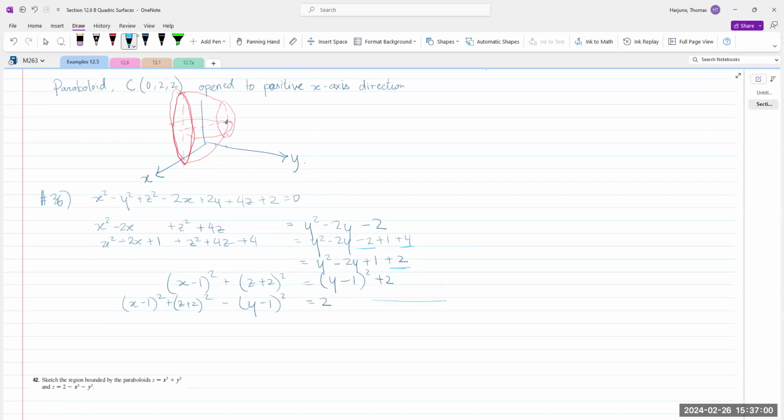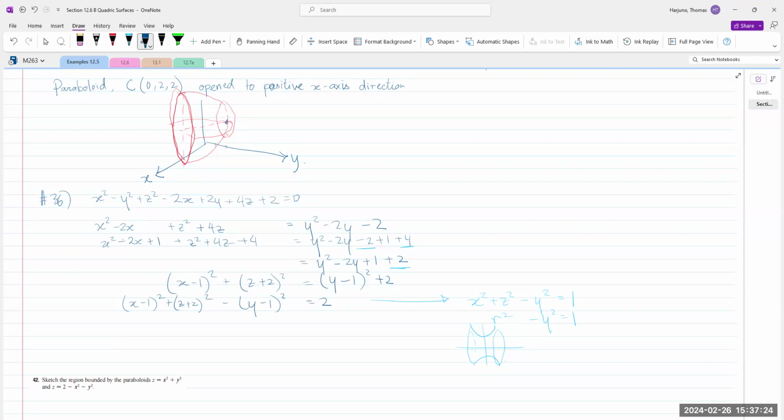If we see the basic form, that's x squared plus z squared minus y squared equals 1, right? And this is r squared minus y squared equals 1. So it looks like this, but then we rotate that along the y-axis.